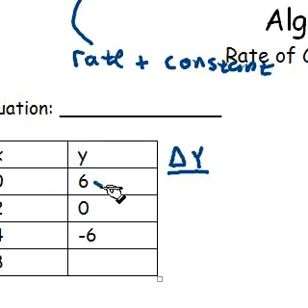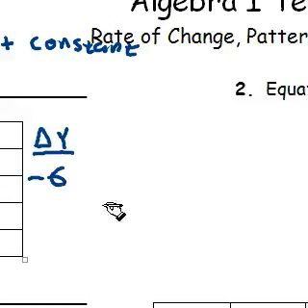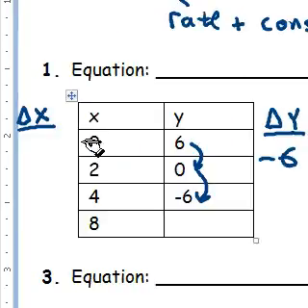We see that y went from 6 to 0, and then from 0 to negative 6. So it looks like y is decreasing by 6 every time. Alright, let's take a look at x. Looks like x went from 0 to 2, and then it went from 2 to 4.